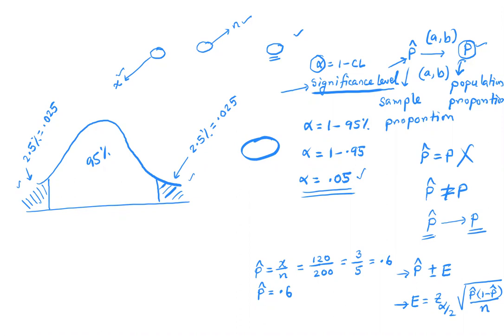But if you don't get that from the problem, like it doesn't tell you that it's a bell-shaped curve, you can't make an assumption on how much is going to be on each side.